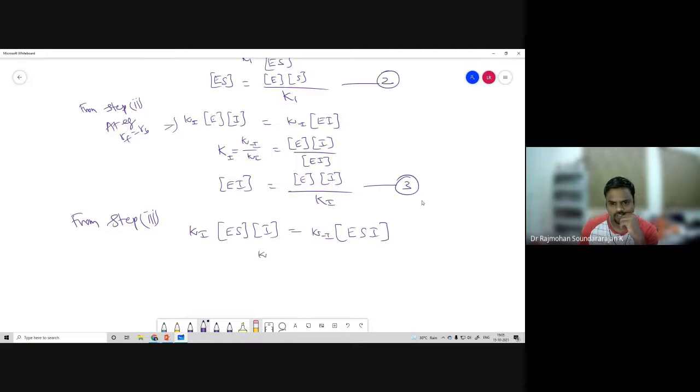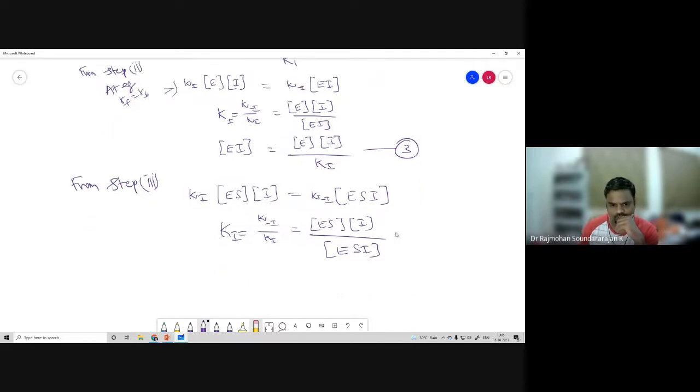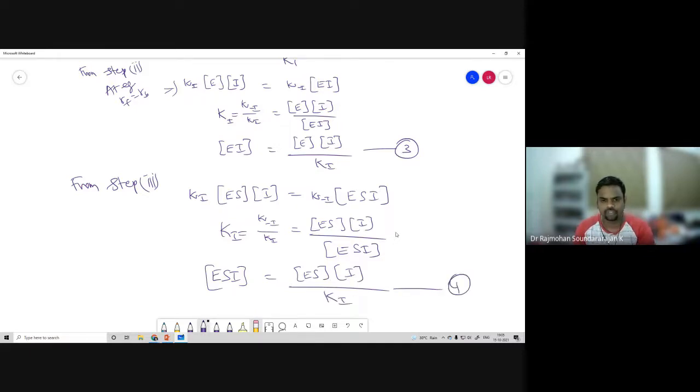So we can write K minus I by Ki equal to ES into I divided by ESI, which is capital Ki. So you can rewrite to get the concentration of ESI equal to ES into I divided by capital Ki. Let it be equation number 4.